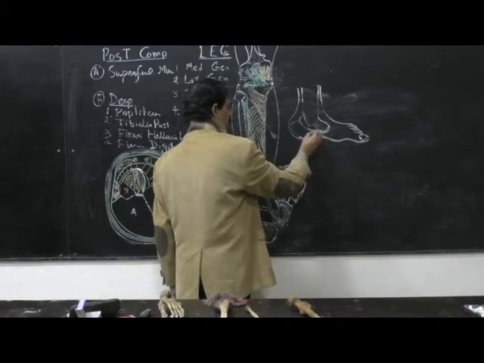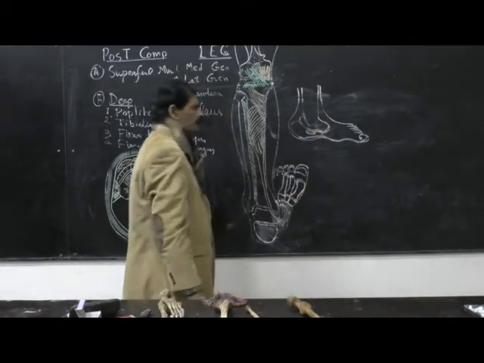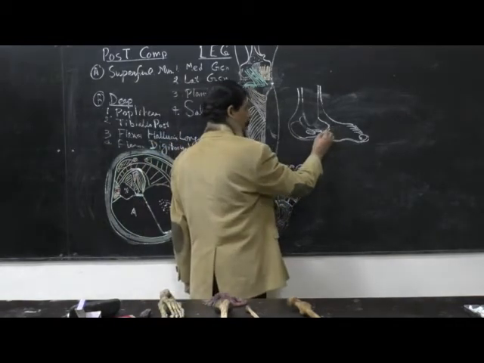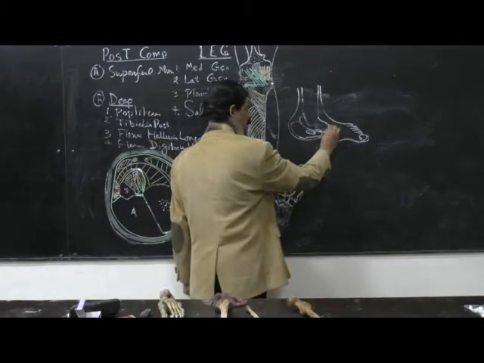And on the medial aspect of the calcaneum, there lies the shelf-like projection that is called the sustentaculum tali. Then the head of the talus articulates with the board-shaped bone, which is called the navicular.